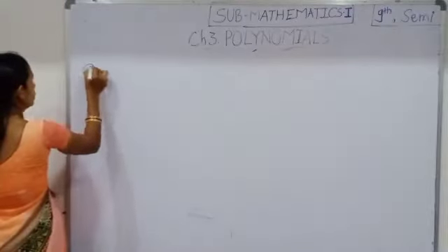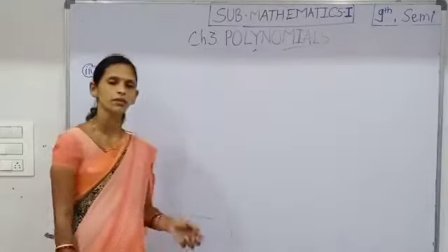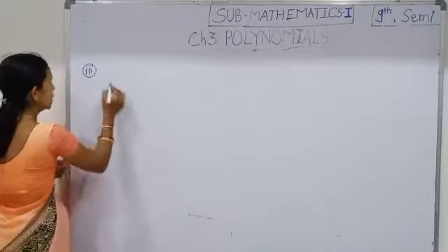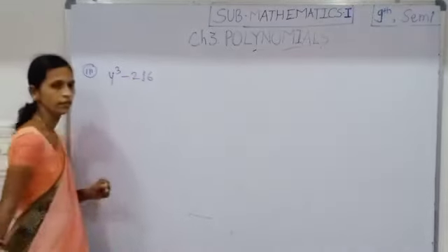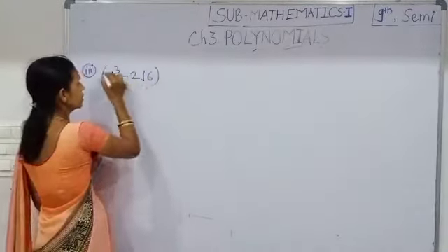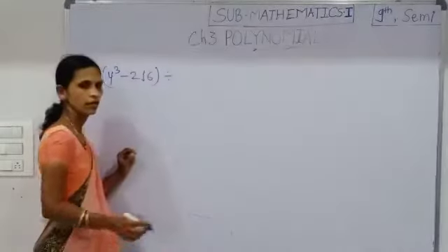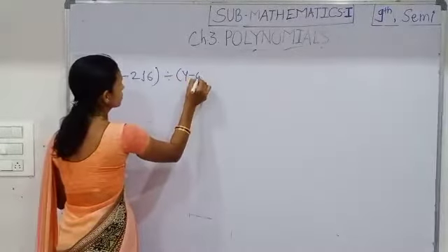3.3. We have to solve one more example from practice set 3.3, that is y cube minus 216, which is divided by y minus 6.